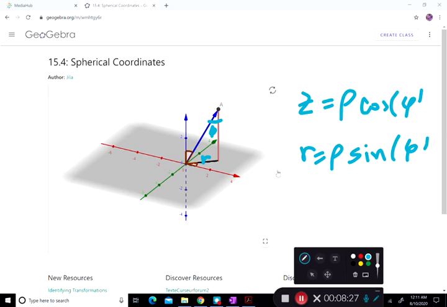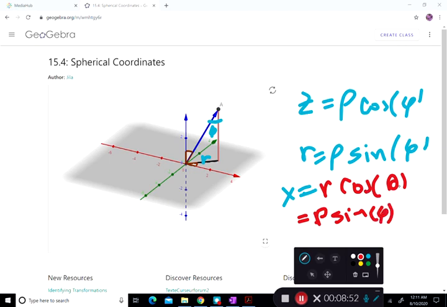And then x is r cosine theta. Therefore, x is going to be rho sine phi, which is r, times cosine theta.